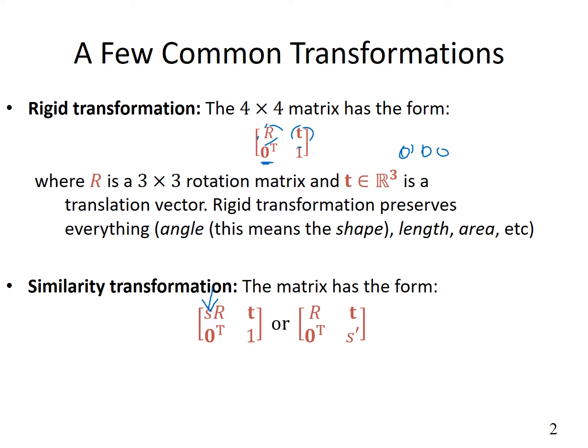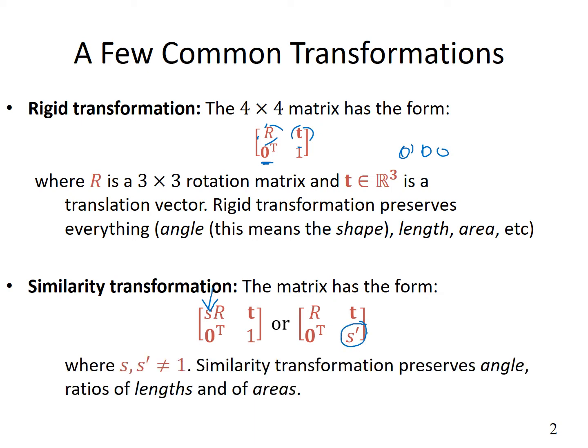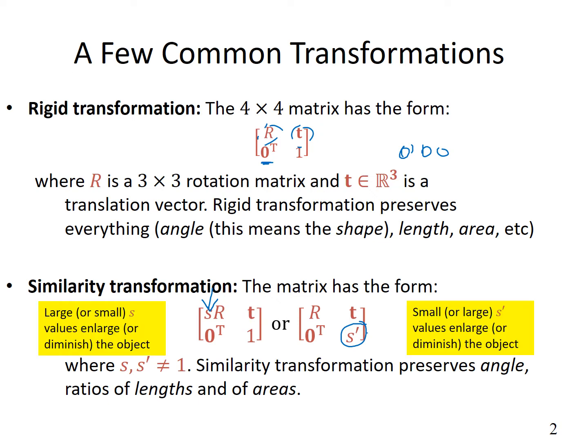Or we can also write it in this form so that S becomes S dash, where S and S dash are both not equal to 1, since if they are equal to 1 it will become a rigid transformation. Large S values over here enlarge the object. Small S values over here will diminish the object, and the opposite happens on this side with S dash, because it's an inverse S value.